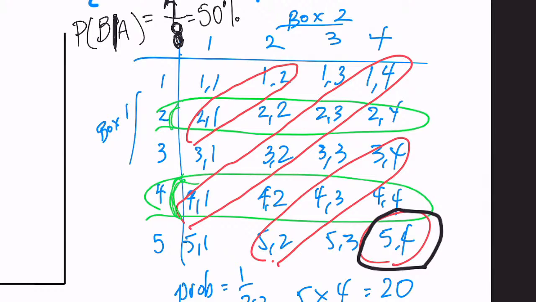Because odd numbers and even numbers, that's 50-50 usually. So it doesn't even change just because I restrict it to 2 rows of outcomes. Because B given A is the same as probability of B, it doesn't matter if A happened or not, it stays the same. That means A and B are independent.